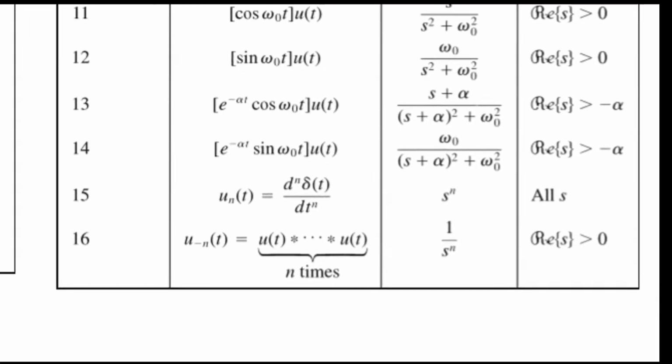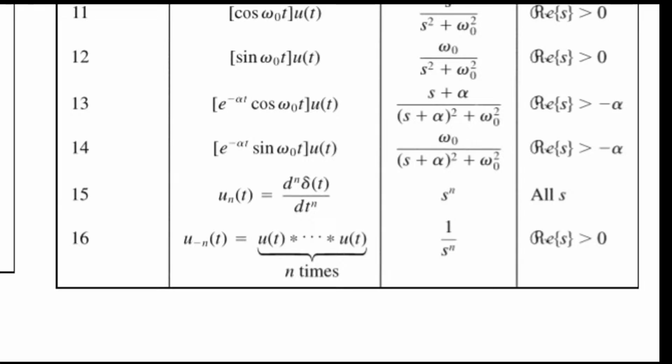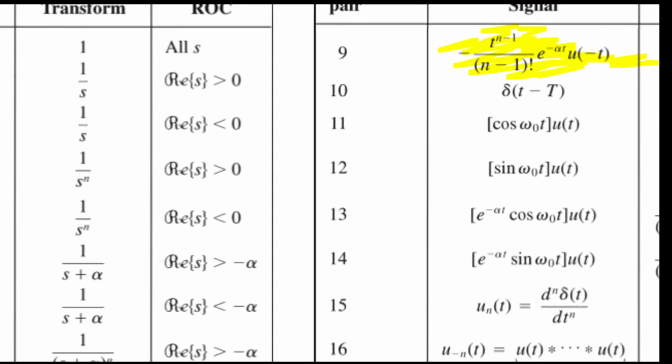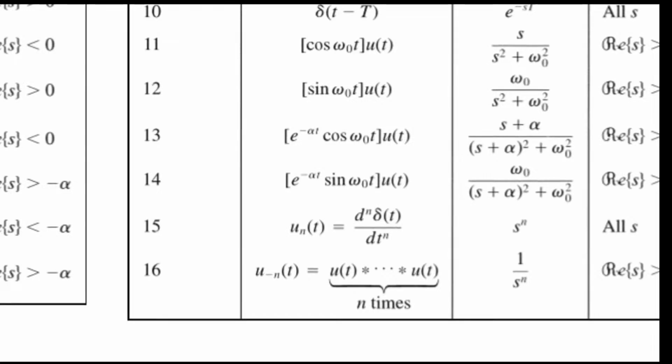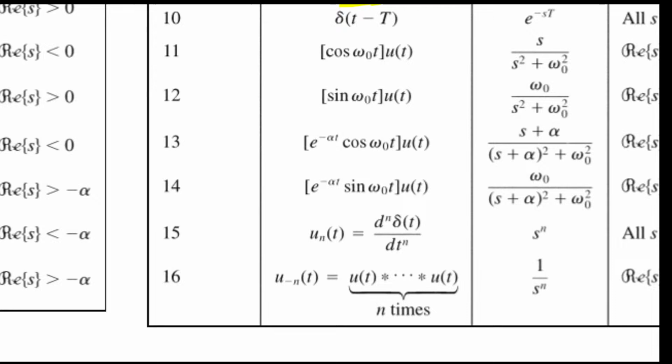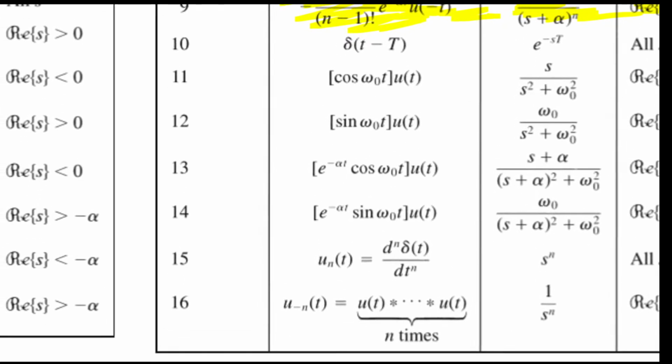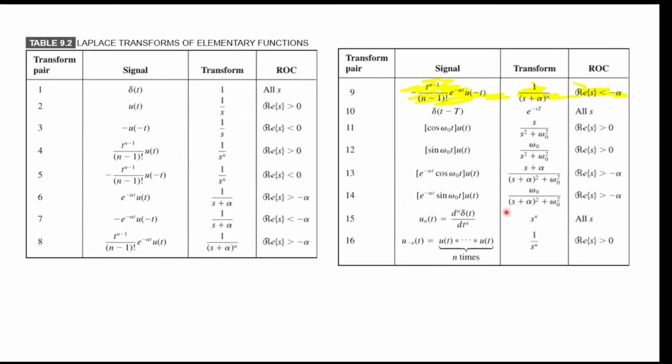And also s to the n Laplace transforms to the nth order derivative of a delta function. This one we cannot derive directly, but we have the differential property. We have that 1 will Laplace transform to a delta function, so we have this Laplace transform pair.